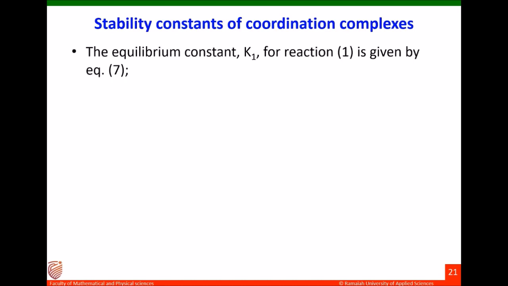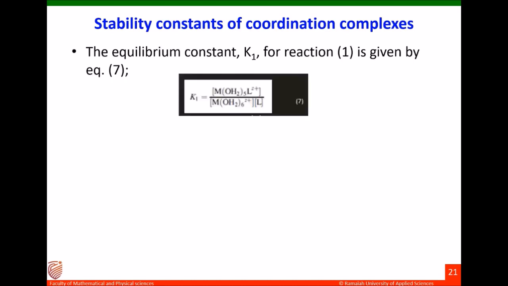Now, the equilibrium constant for the first reaction, that is reaction number 1, you can write as K1. K1 equals the concentration of the product [M(OH2)5L]^z+ divided by the reactant [M(OH2)6]^z+ and L. Normally we won't write the concentration of H2O, we consider it as unity.